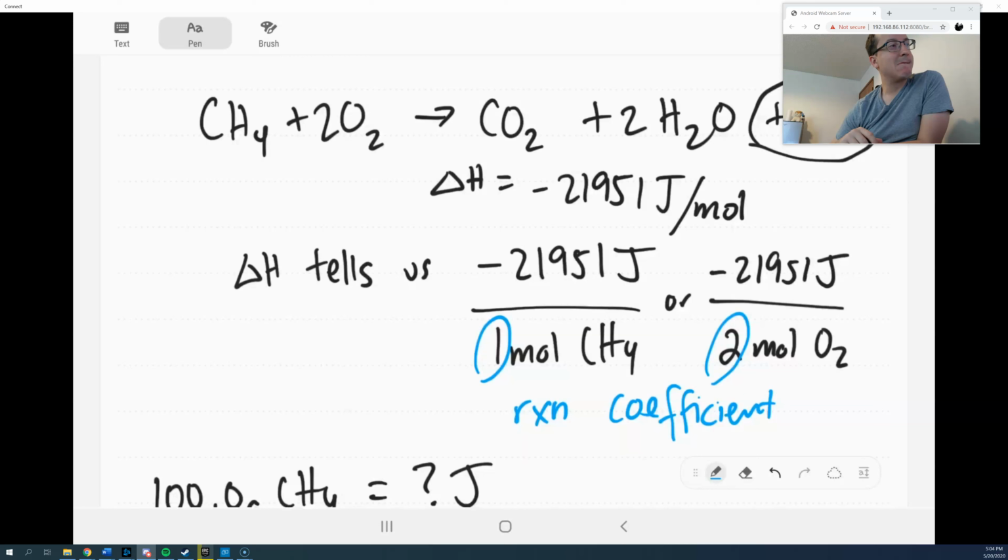Let's see. She's not going to give us the answer. Oh no, or I'm lagging, one of the two. Can anyone give me what the conversion factor is for water with this delta H? How would we convert joules into moles of water?